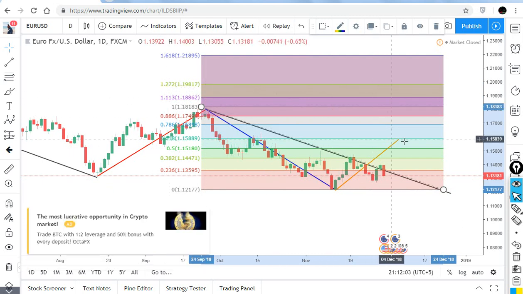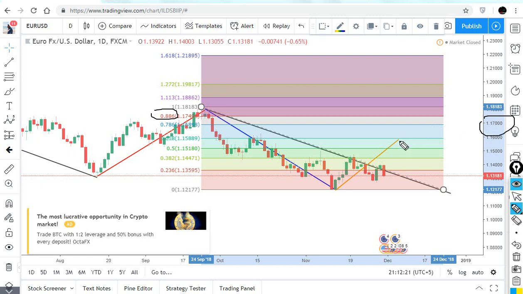Don't go to the extensions like 1.27 to 1.618, but in my idea it will go maximum to 88.6, which is near about, I think, the 1.174 number, right? So this will be your C, but not in the style of this. It will be the style of this, right? Or maybe it will go to 0.618, so it depends upon the market.